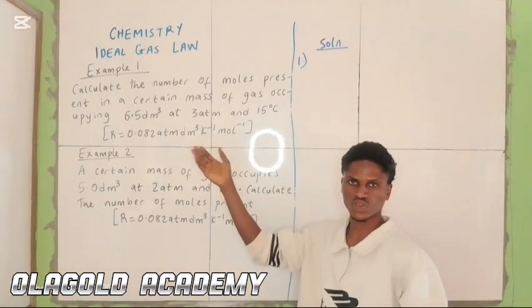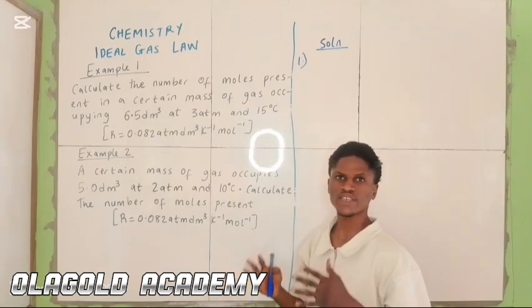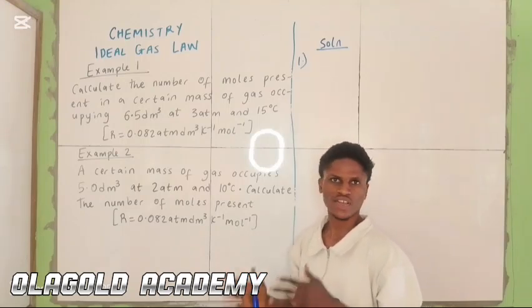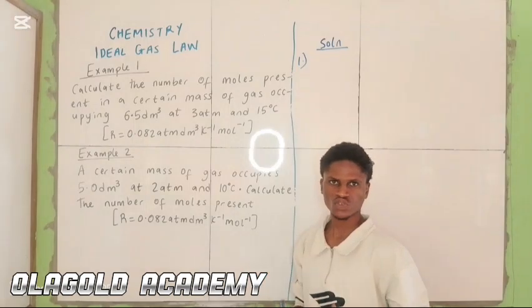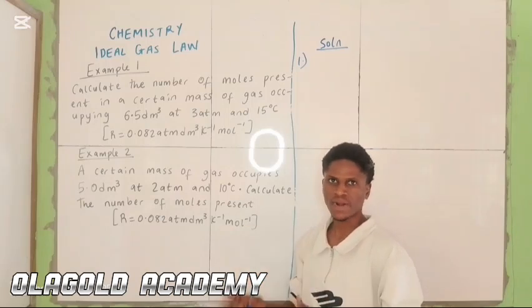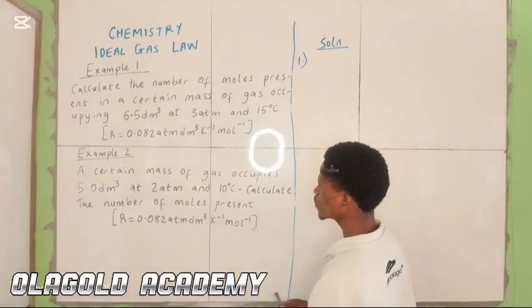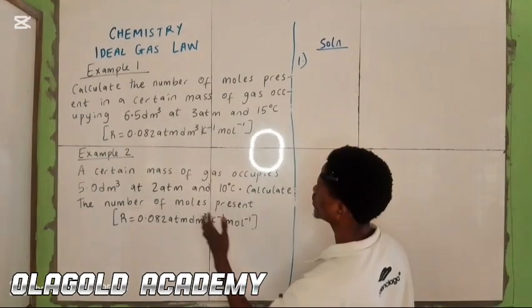This question is a very simple question. As usual in science subjects, if you see any calculation, the first thing to do is to always list out your given parameters. Alright, from the question here, we are given what and what.